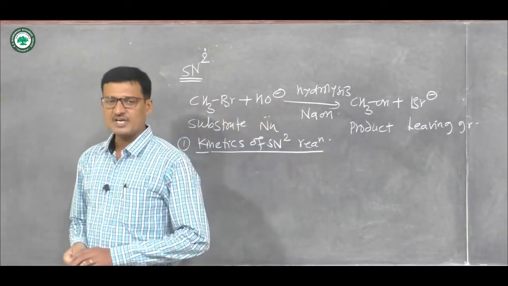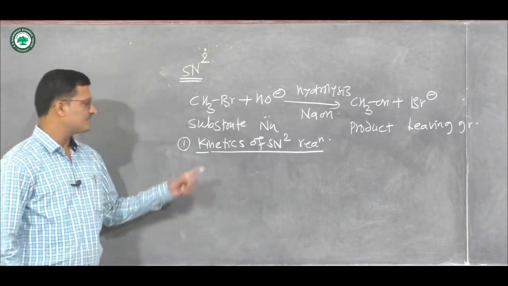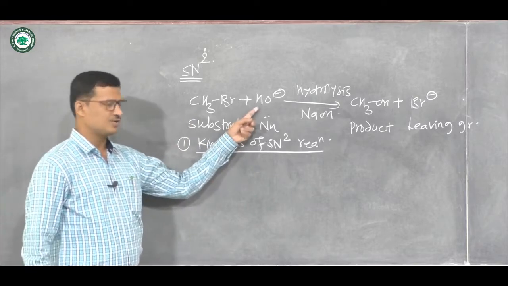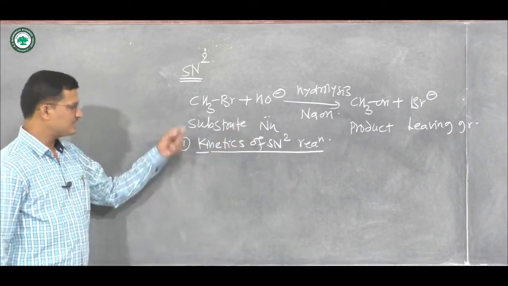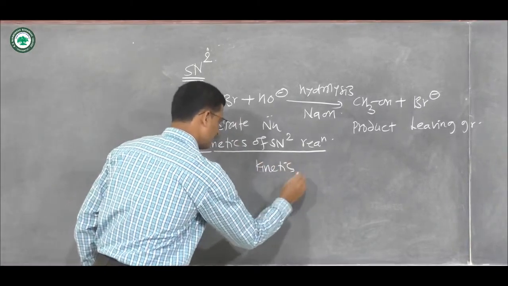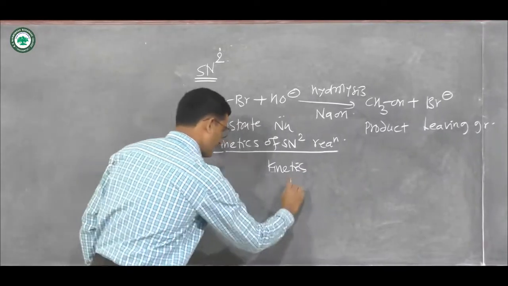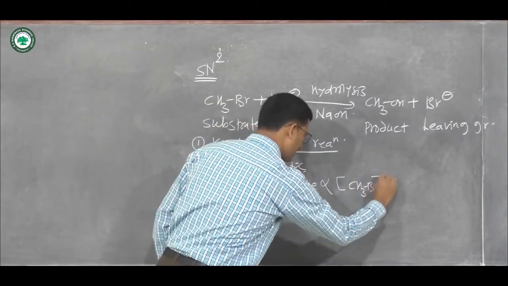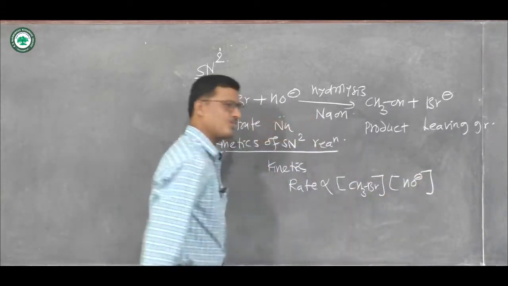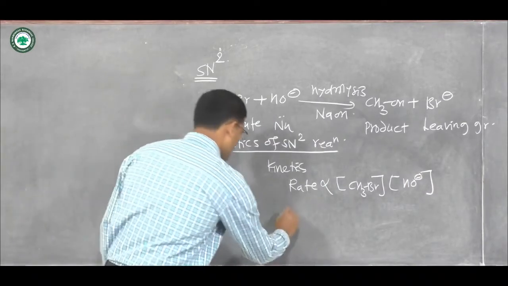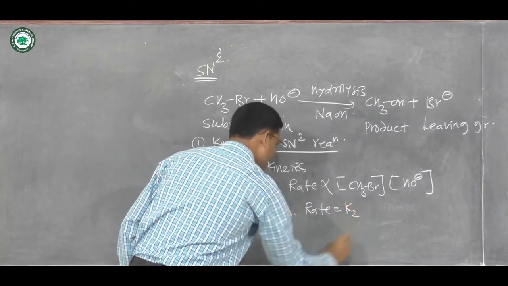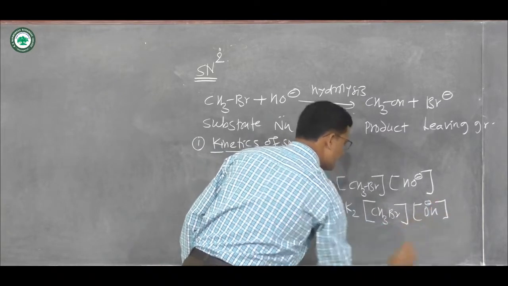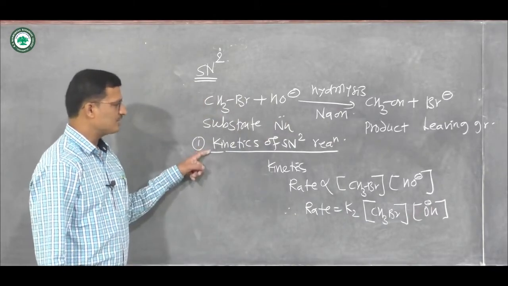When we study the kinetics of the Sn2 reaction, we observe that the rate of reaction depends on the concentration of methyl bromide as well as the concentration of OH minus.